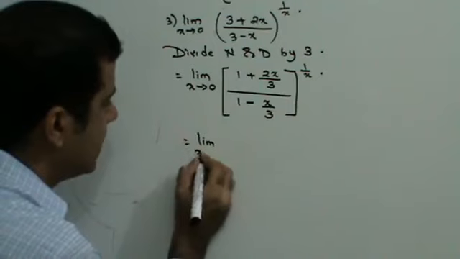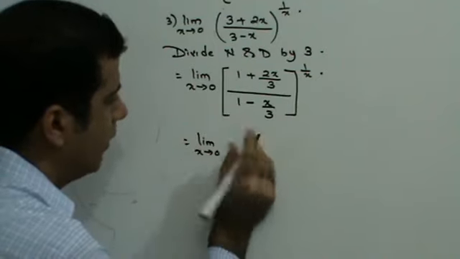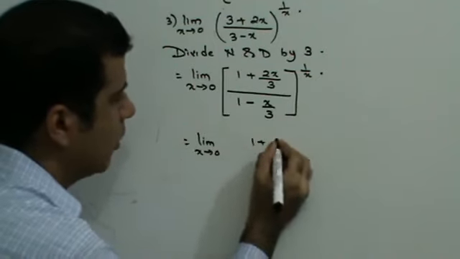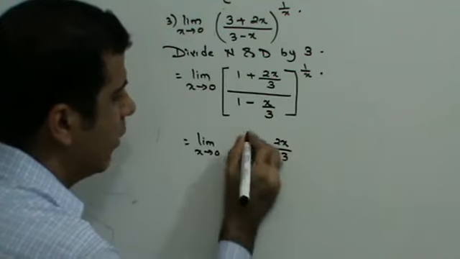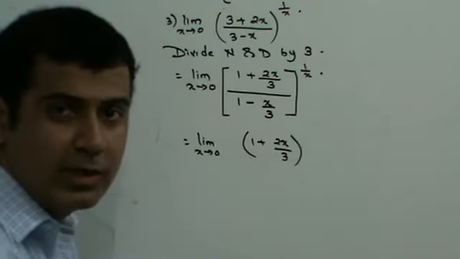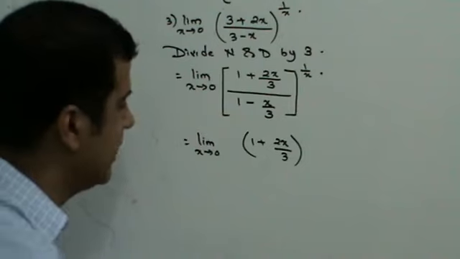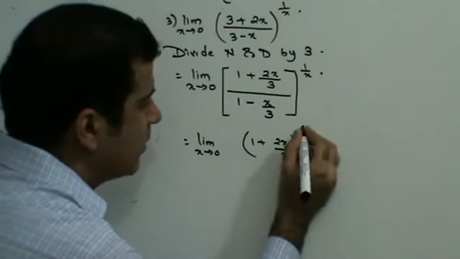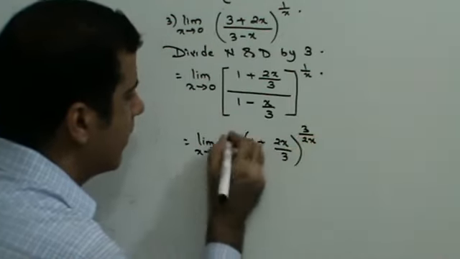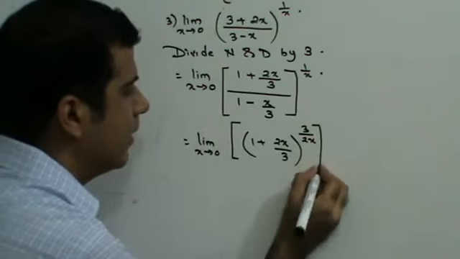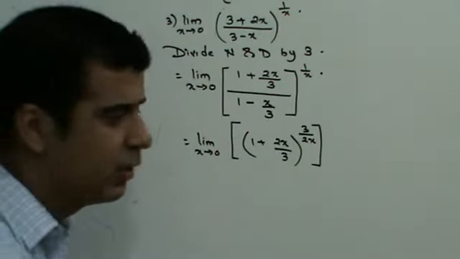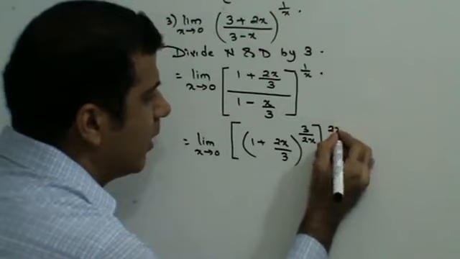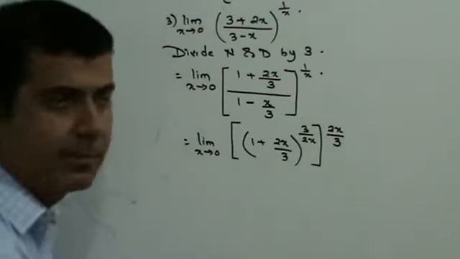Limit of x tends to 0, 1 plus 2x upon 3. Whatever is the number, you need the reciprocal of that in the indice. So I'm going to multiply the indice by 3 by 2x. Since I have multiplied the indice by 3 by 2x, to keep the equation constant, I multiply it by 2x by 3.